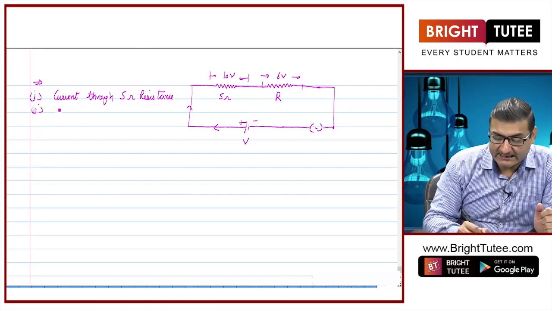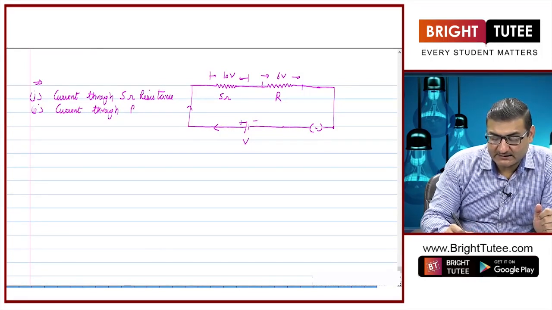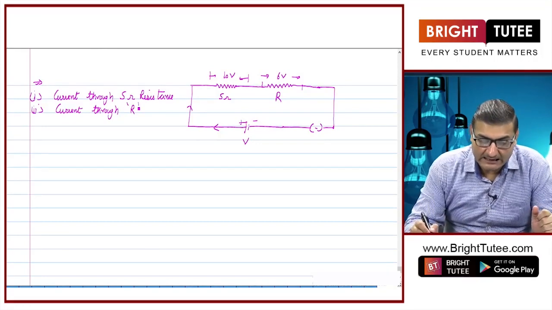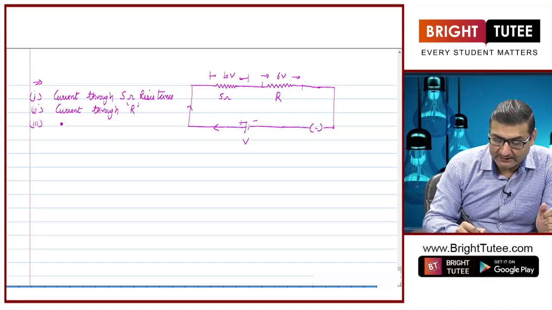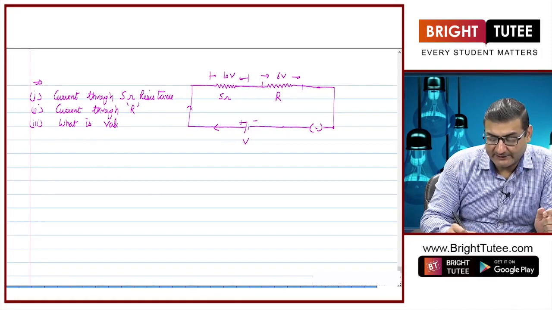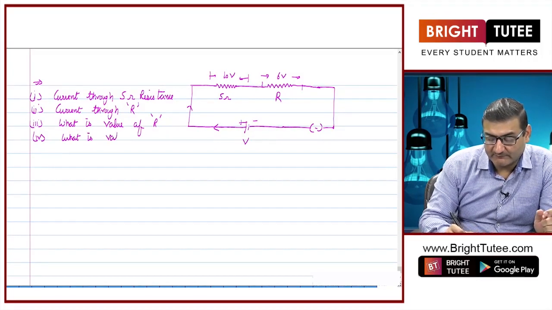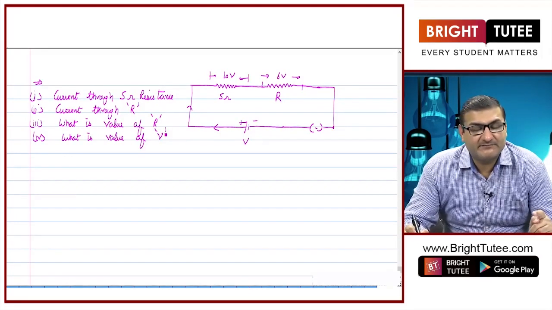Second, calculate the current through the second resistance, the value of which is not given to us, R. Third, calculate the value of R. And fourth, what is the value of V, meaning the total potential difference.